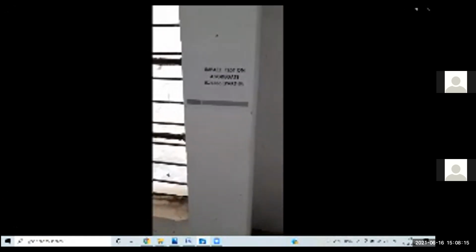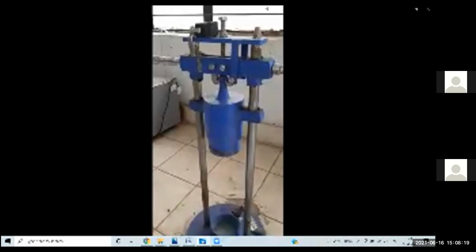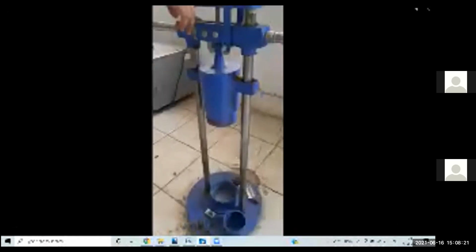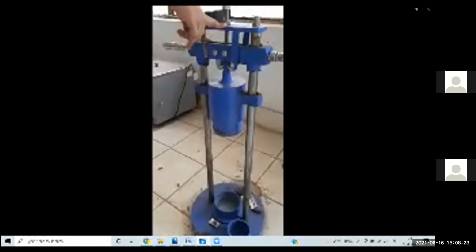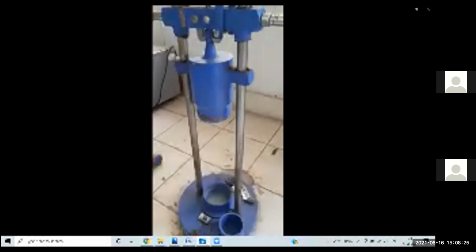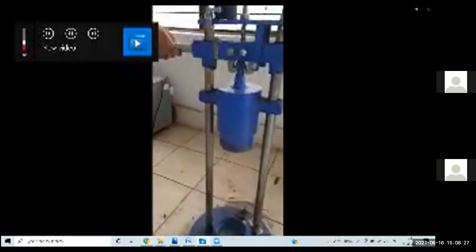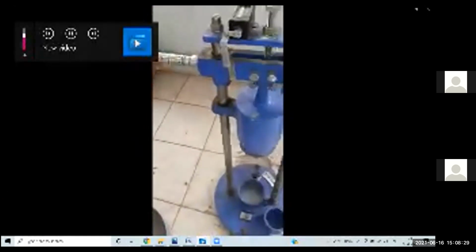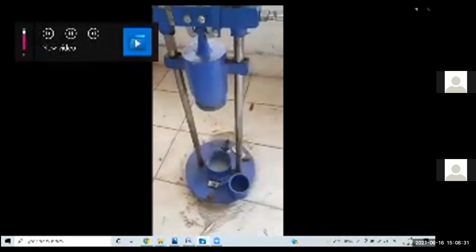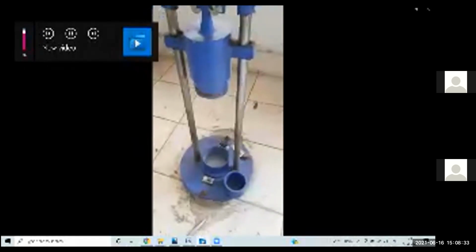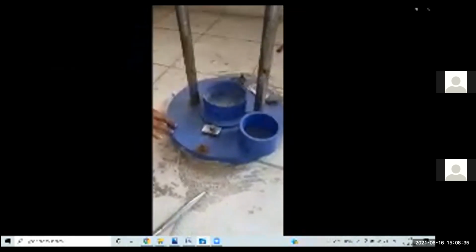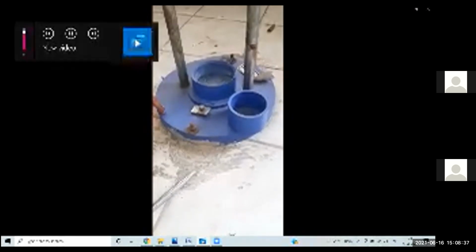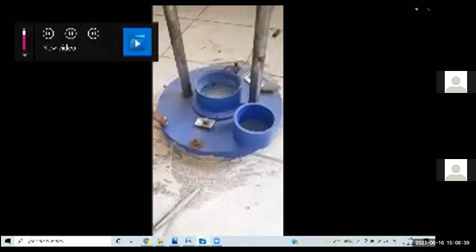As per IS code 2386 part 4. Now see the apparatus used in the experiment. Testing machine. The impact testing machine consists of a heavy base, weight 22 to 30 kg.